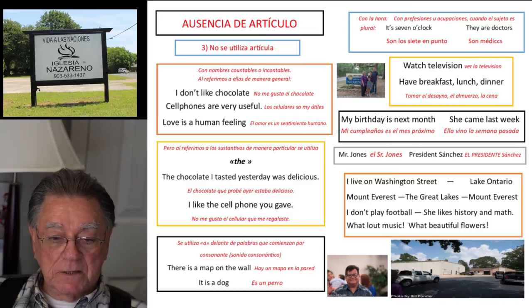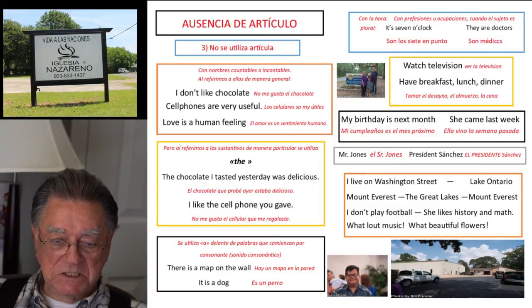Okay, para referirnos a los sustantivos de manera particular se utiliza the. The chocolate I tasted yesterday was delicious. The chocolate. Now we put something in the front of it, and we're going to refer to it so everybody knows.